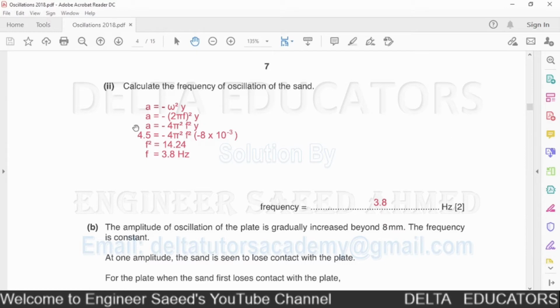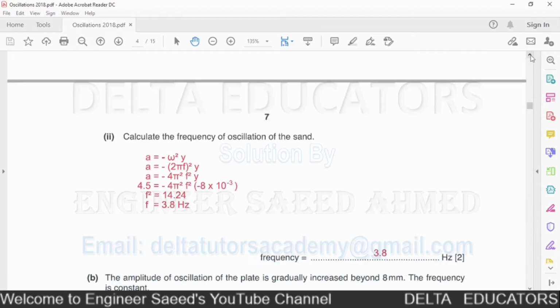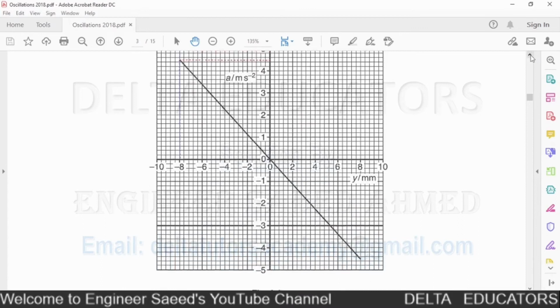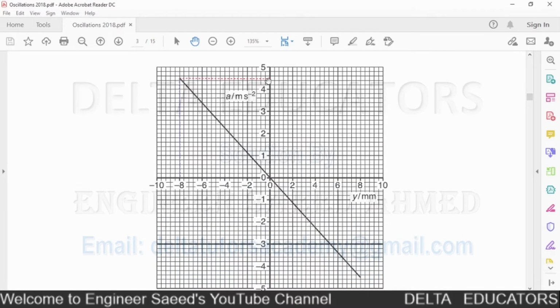So acceleration is 4.5, 4 pi square, and this frequency f we have to find out. Now what is the value of y when acceleration is 4.5? When acceleration is 4.5, the value of displacement y is 8 millimeter.